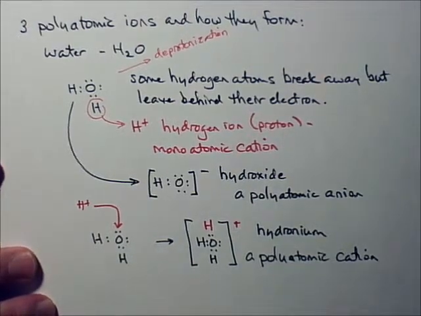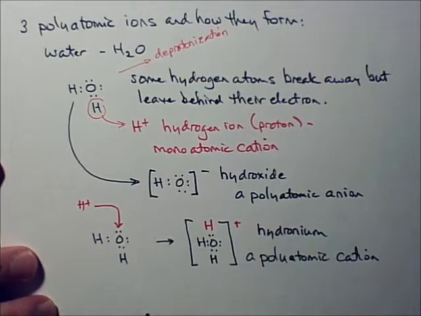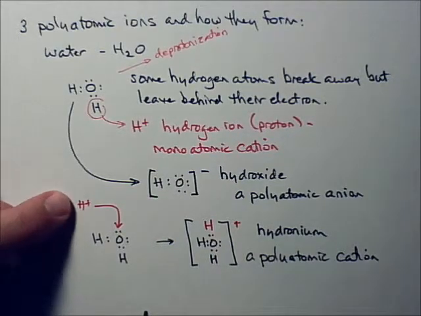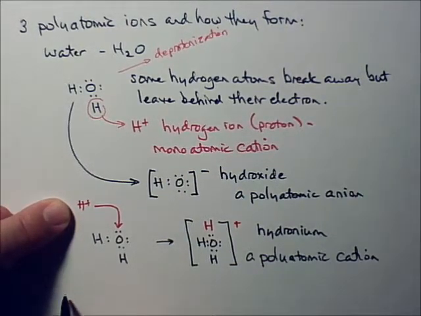Now let's stay on this. I have one more polyatomic ion to talk about before we leave today. It's going to be formed because I have protons. So let's look at ammonia again. That formula is NH3.